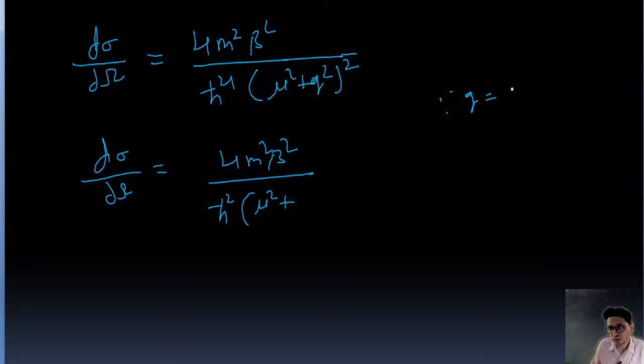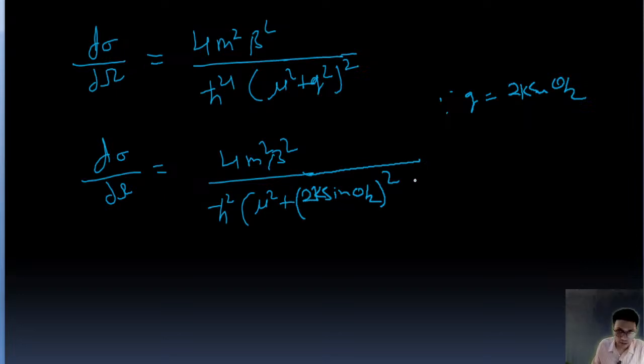I have already explained, q equals 2k sine theta by 2. So it becomes 2k sine theta by 2 whole square, and then the whole square.